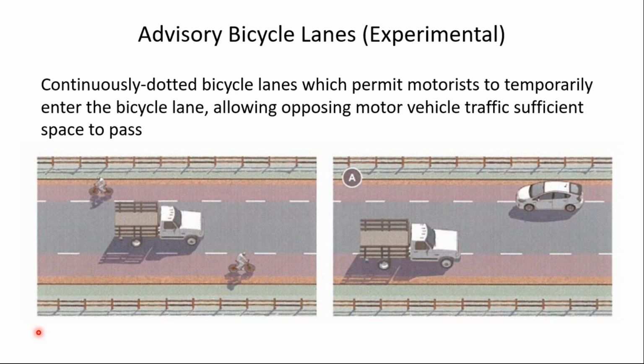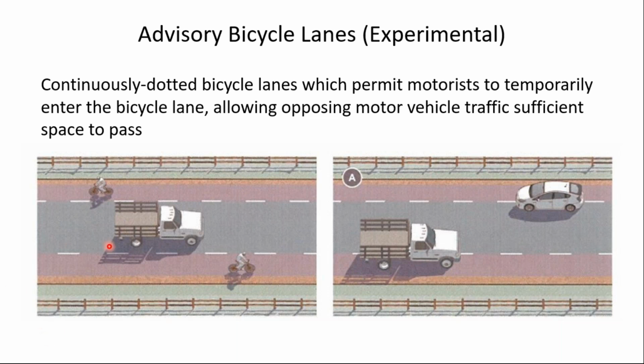But in the MUTCD, or in more recent discussion, the AASHTO Bike Guide, they refer to them as advisory bicycle lanes. It's basically a continuously dotted bike lane which permits motorists to temporarily enter the bike lane so that opposing motor vehicle traffic has sufficient space to pass.